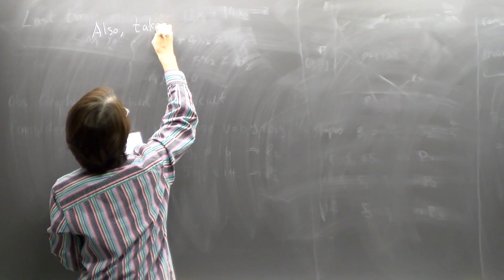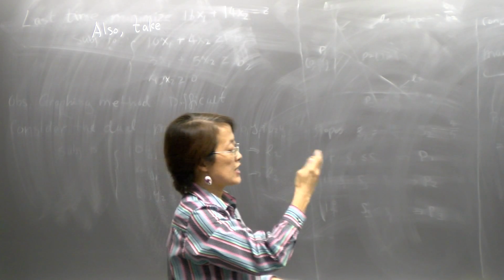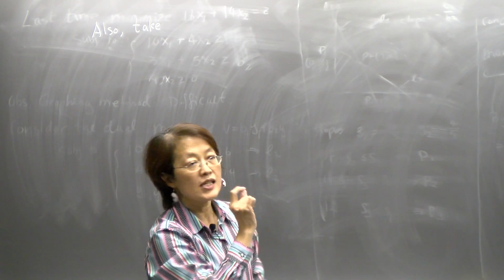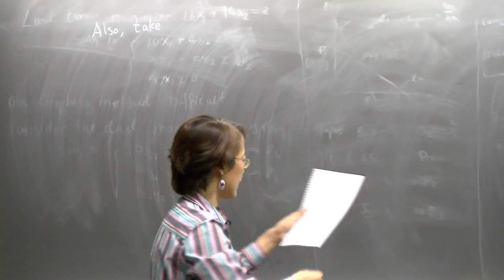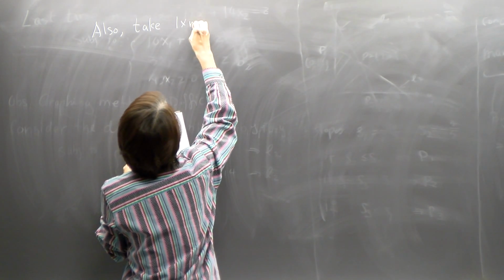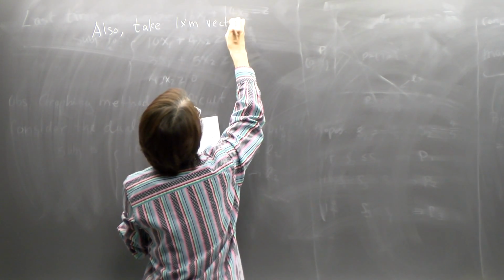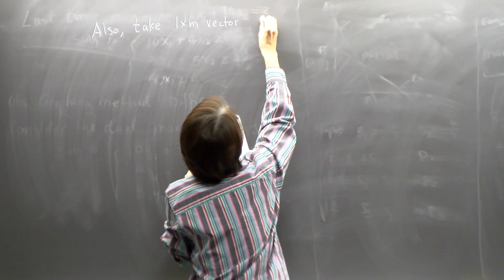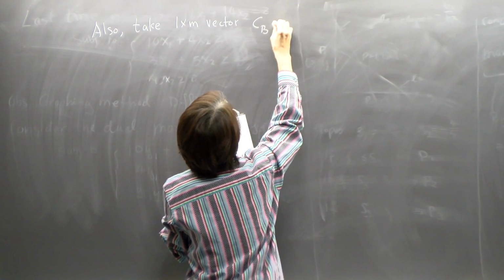So I will also take out the same positions of the C coefficients. I'll take a 1 times m row vector from the C. I call this vector CB.